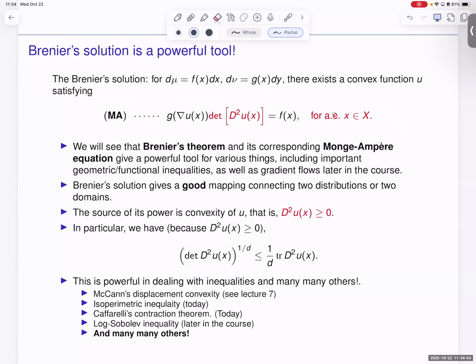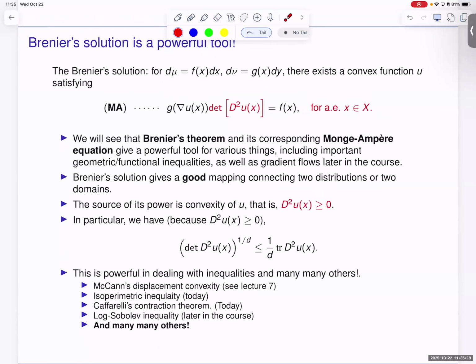Somehow this Monge-Ampère equation gives us a tool to derive more information about the transport plan. So if you understand this Monge-Ampère equation better, then you understand more about your optimal transport mapping. Yeah, that's the spirit.